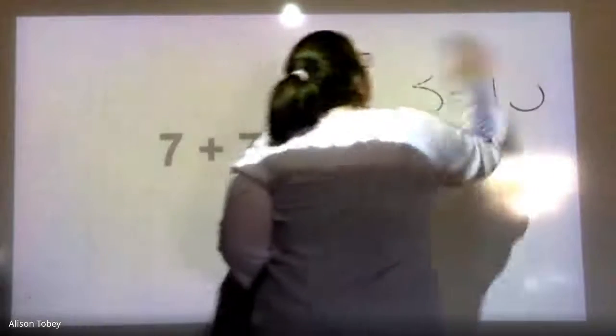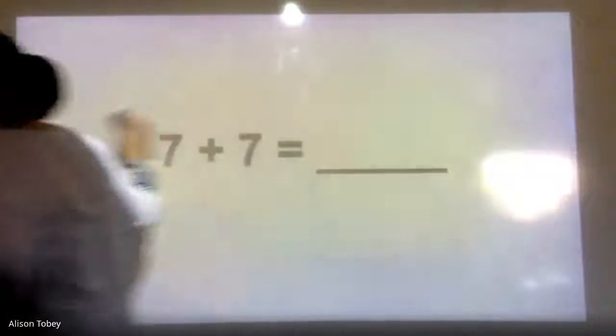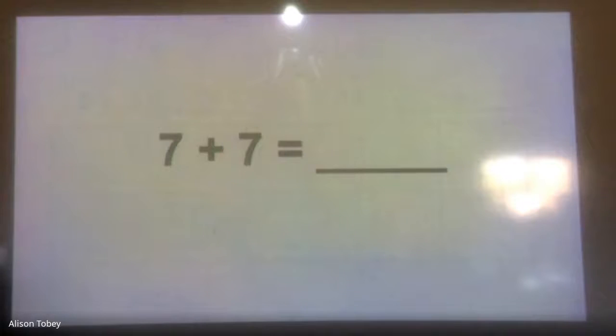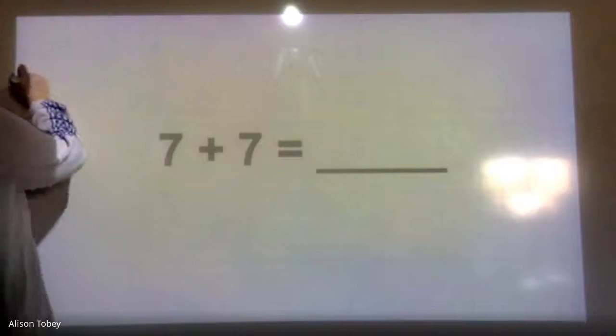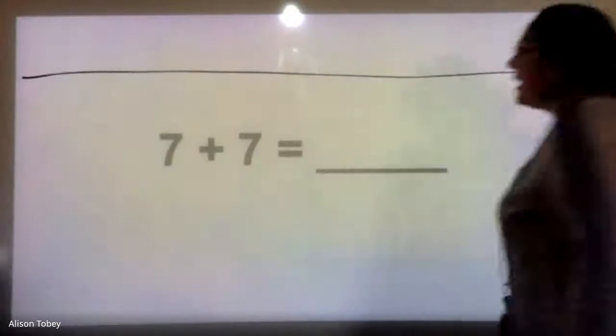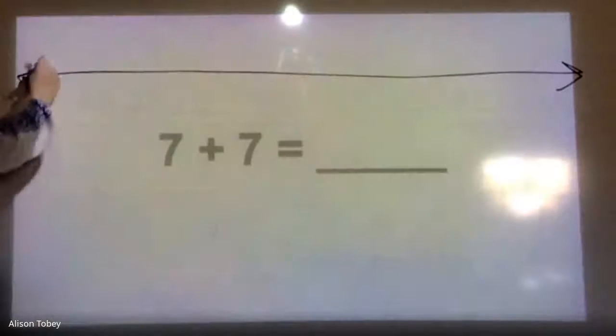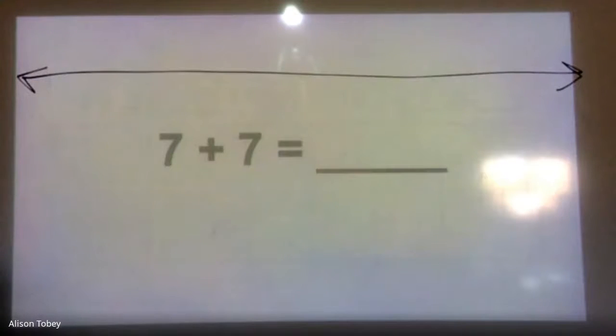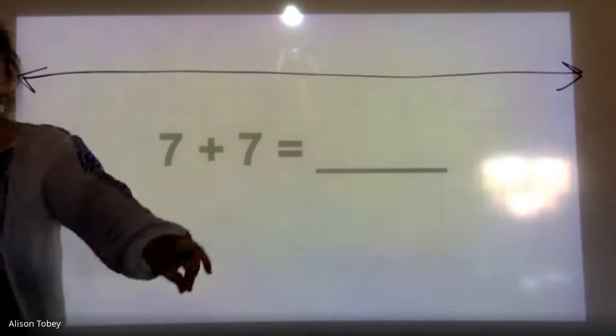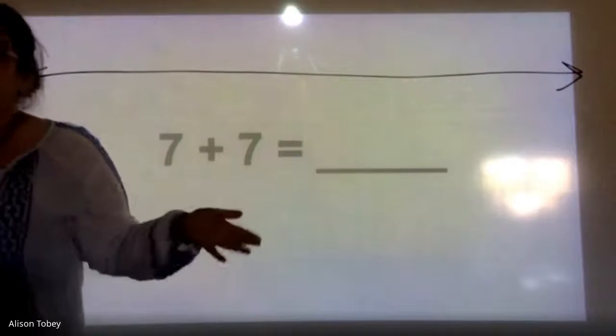Okay, ready? I want you guys to draw a line, right? Make a number line, 2 arrows at the end, 1 on each side. We have an open, empty number line, don't we?